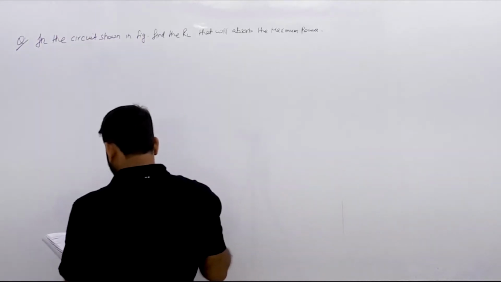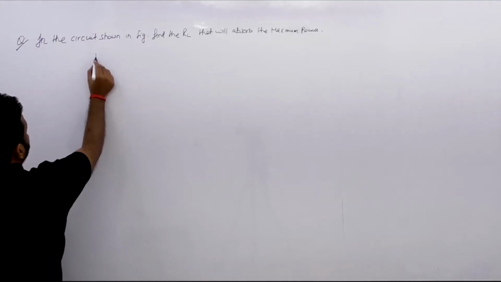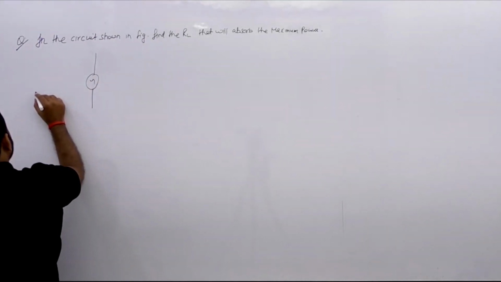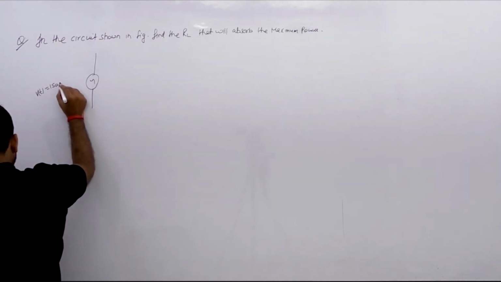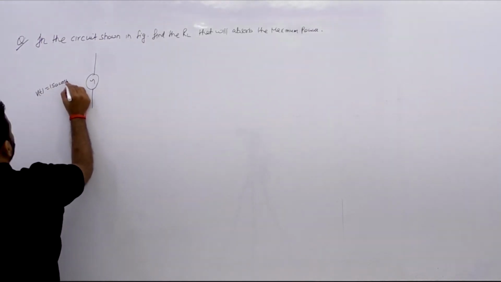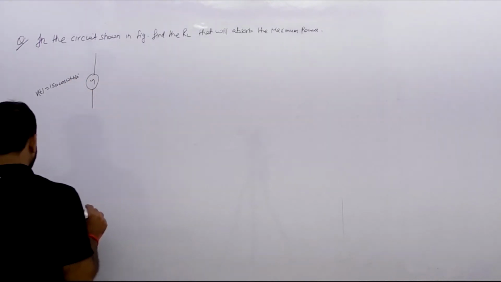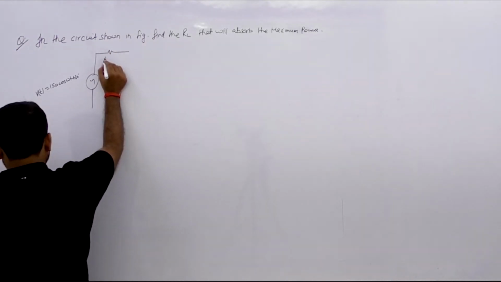Okay, so we have to calculate. And what is the diagram? The source is VT equals 150 cos omega t plus 30 degree. And what is your R? R is 40 ohm.